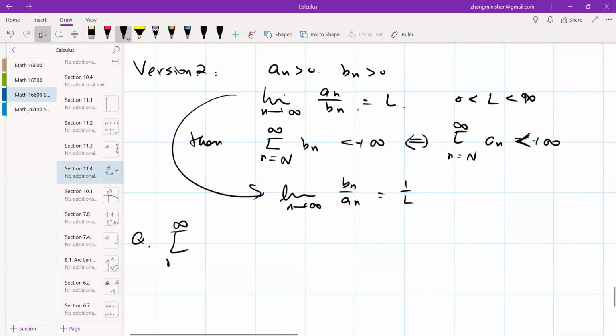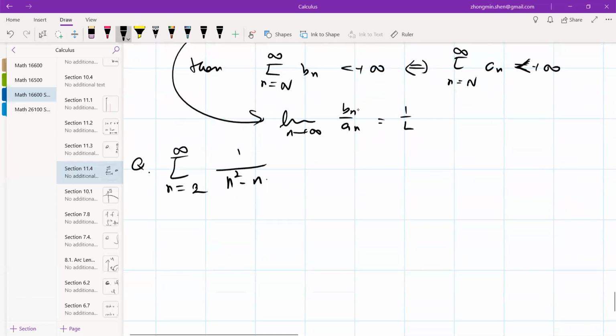Okay, so let's look at the problems again. I'm going back to this square root one. This is my a_n. I want to compare with 1 over n squared, so b_n is going to be 1 over n squared.